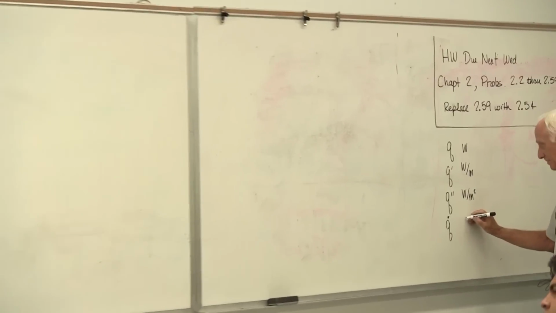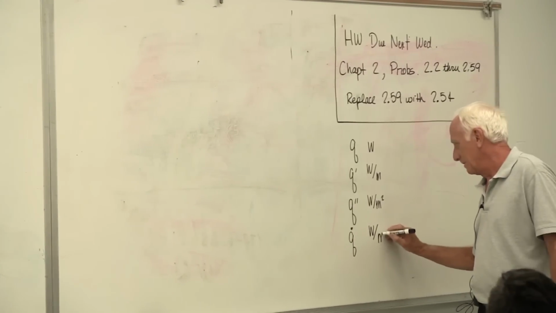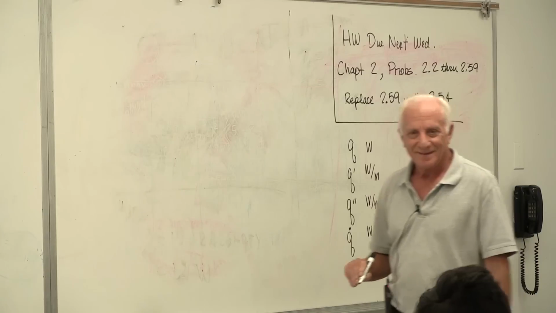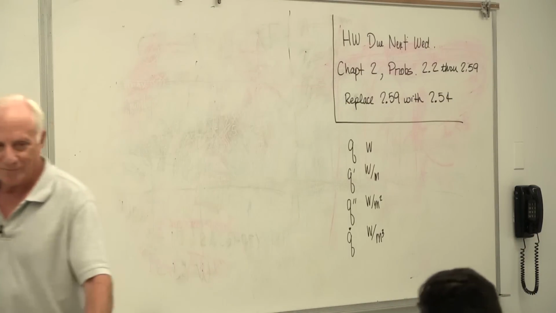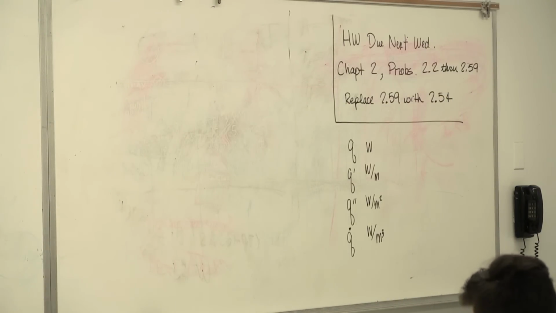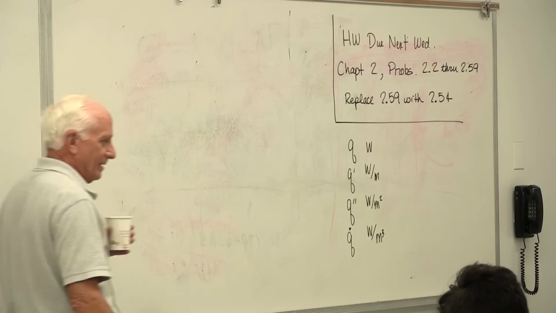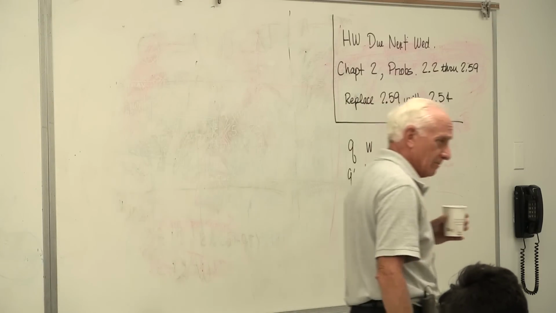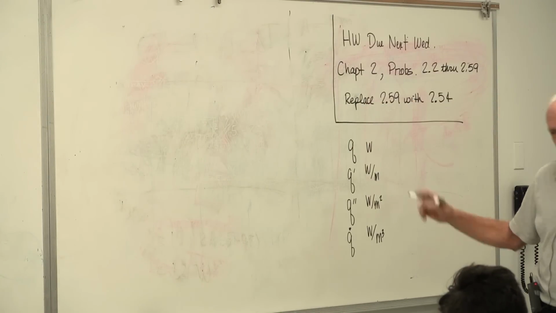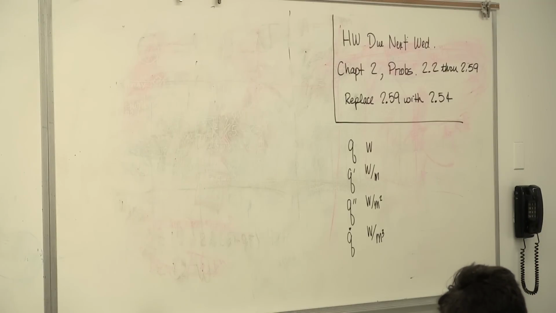And now we've got the fourth one, watts per cubic meter. So four different possible q's. Know what each one means. If a problem asks you on homework or exam for the heat flux, you know what they're asking for. If they ask you for the heat rate, you know what they're asking for. Q dot, you know what they mean: volumetric energy generation.